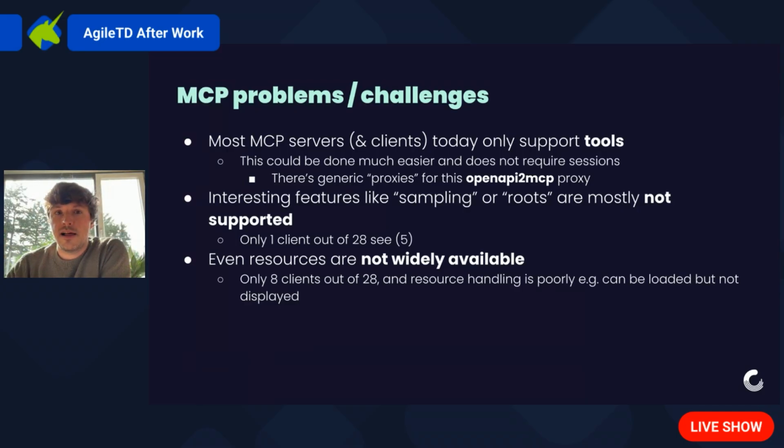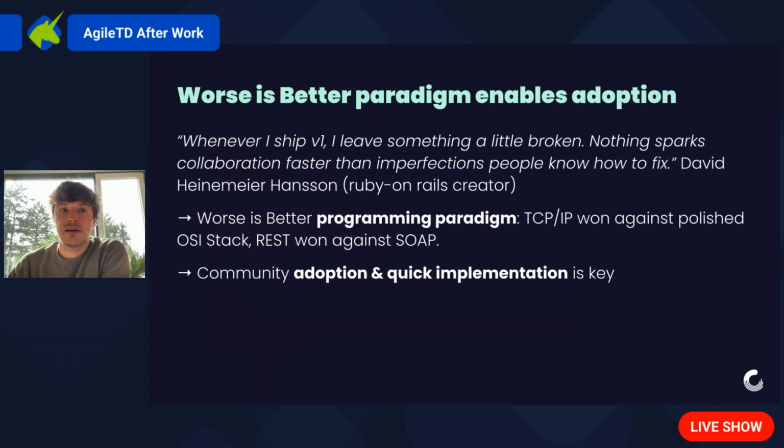And I think this is also why MCP will win, because there is this well-known and sometimes less known and less accepted paradigm called worse is better. I recently wrote about it on LinkedIn and Twitter.